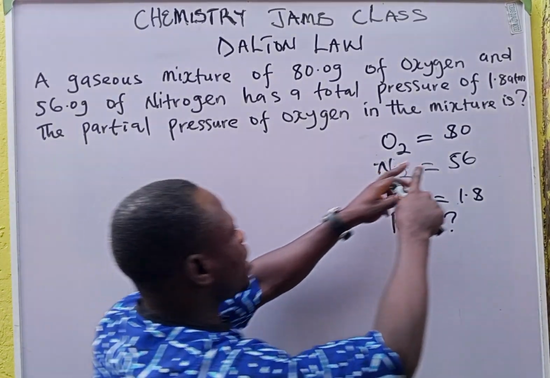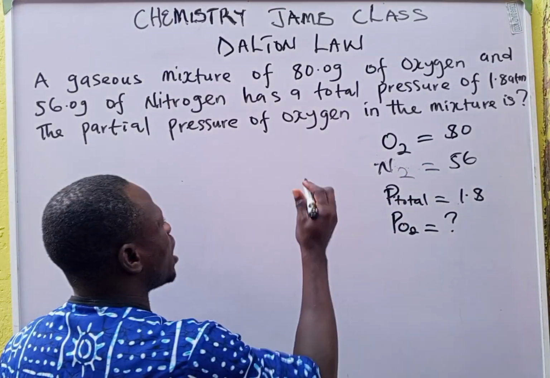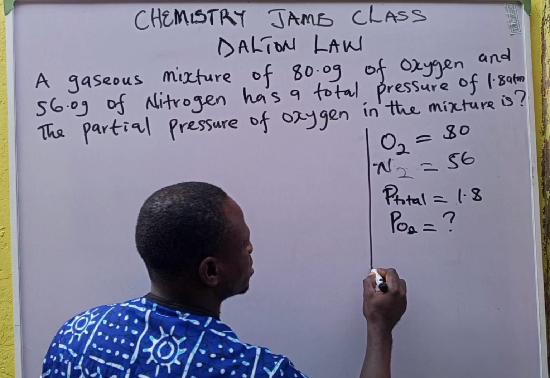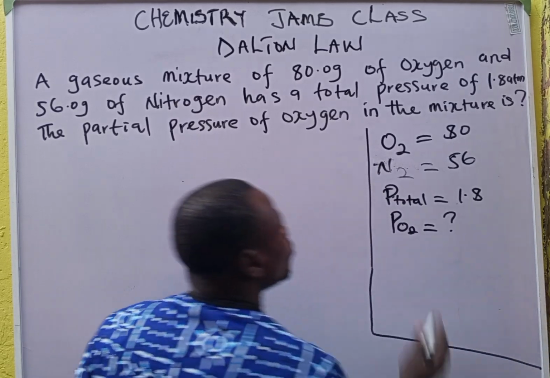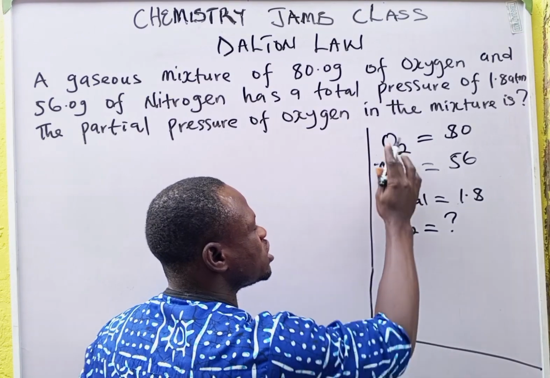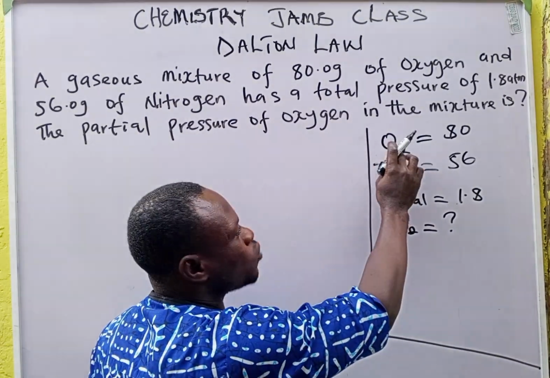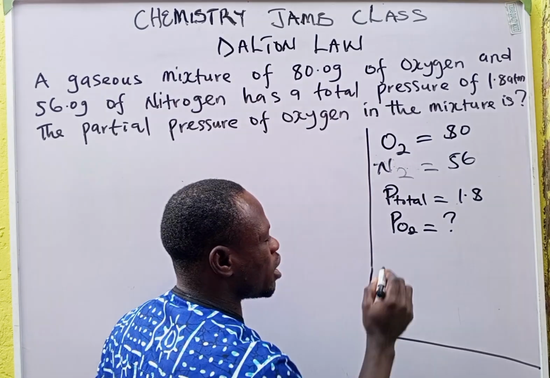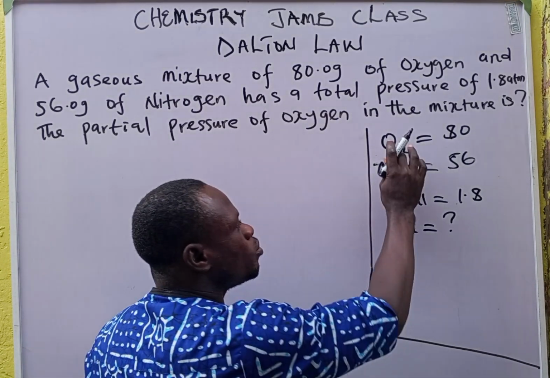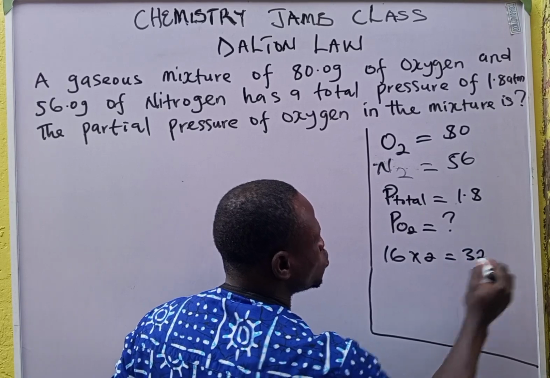Firstly, divide the mass by the molar mass. We take the one of oxygen. The molar mass of oxygen here: we have two atoms of oxygen. Oxygen atomic mass is 16. You multiply the 16 by 2, equals 32.